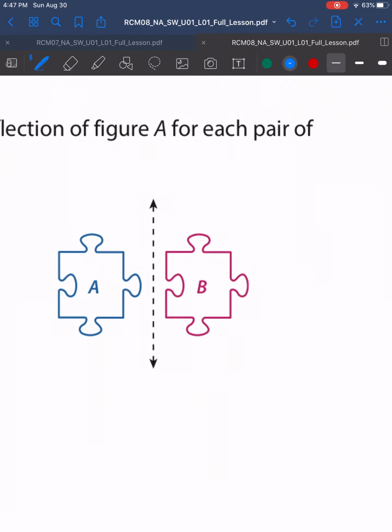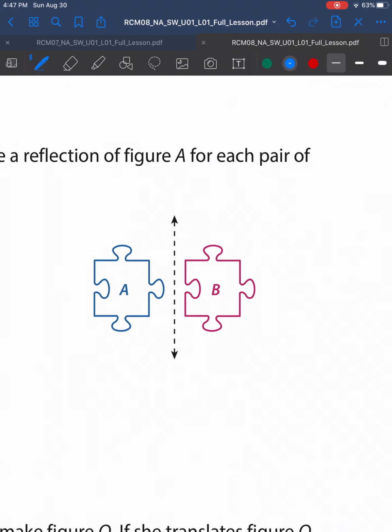Now let's look at this one. Is this a reflection? So this corresponding side or point is not this. And you know why I say that? Because look right next to it. It goes down and then a puzzle piece, right? This goes down and it goes in. So, oh, that's not okay. The corresponding side for this blue dot is actually right here.